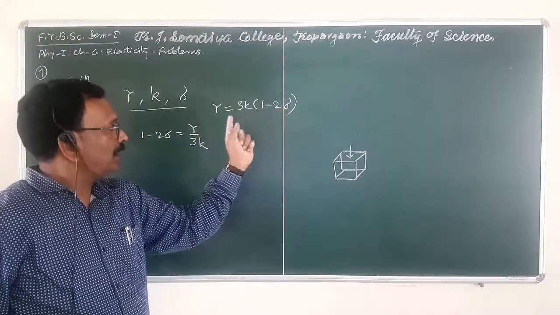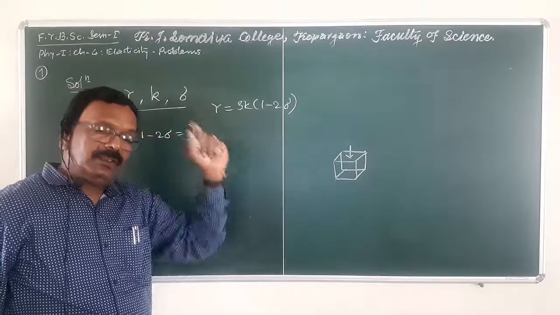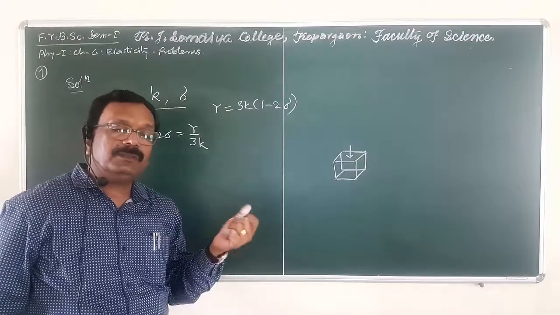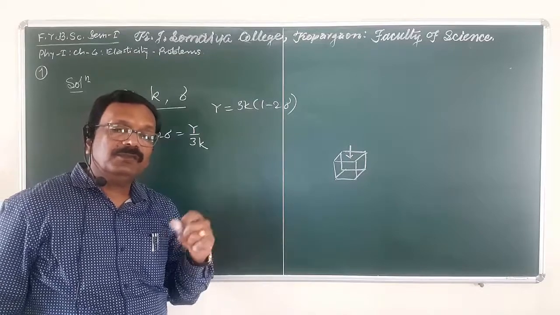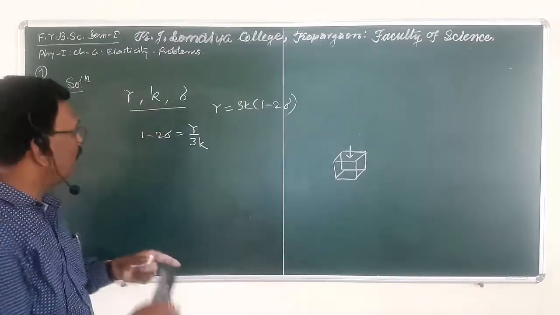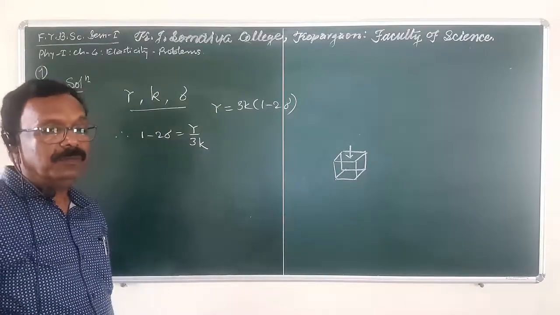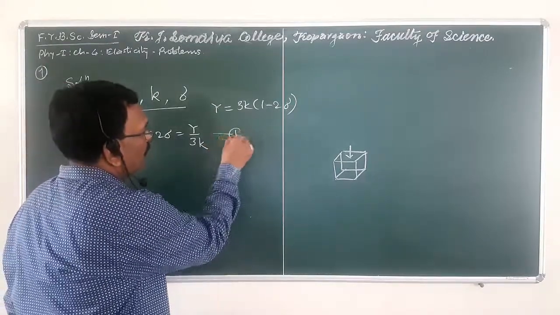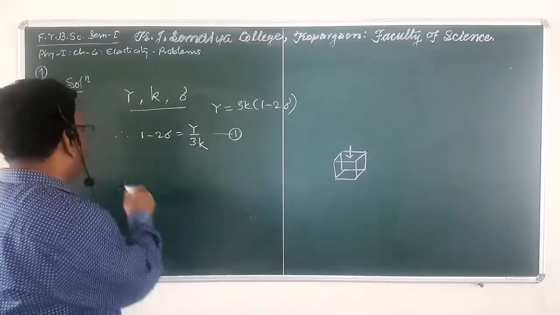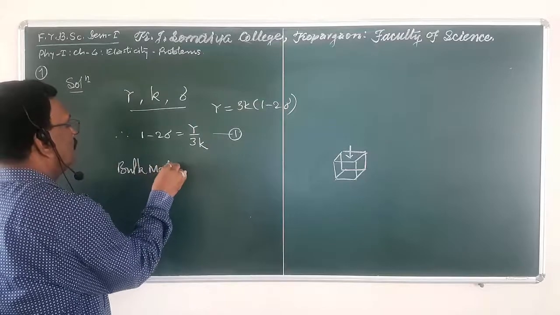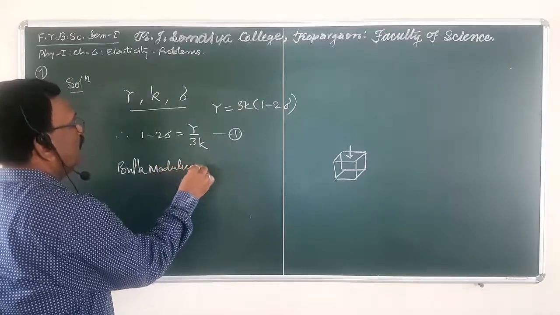This relation is obtained in theoretical aspects, that is in the derivation of the relation between the three: Young's modulus y, k and eta. Now from this we have obtained this equation. Suppose this is equation 1. Now, what is the bulk modulus?